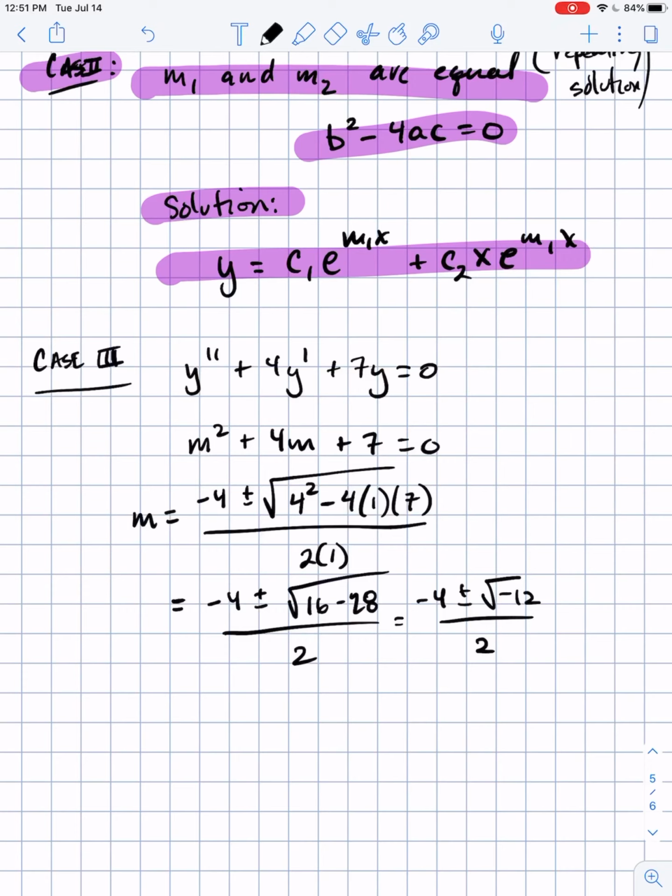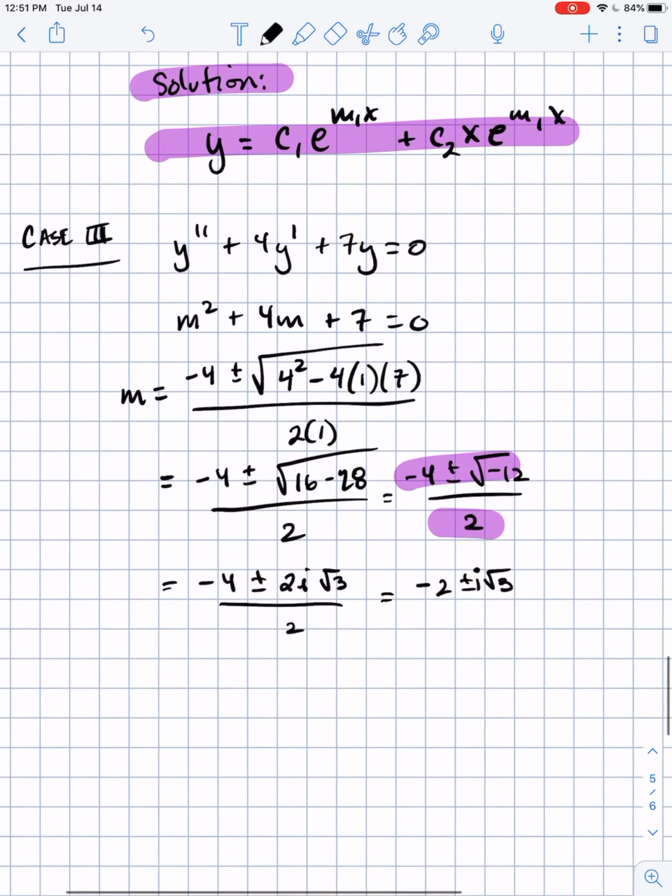So just a little review from algebra, break this down. So you're going to get negative 4 plus or minus, it's going to be the i when you see a negative in there, so you get 2i root 3 over 2, which simplifies down to negative 2 plus or minus root 3 i.